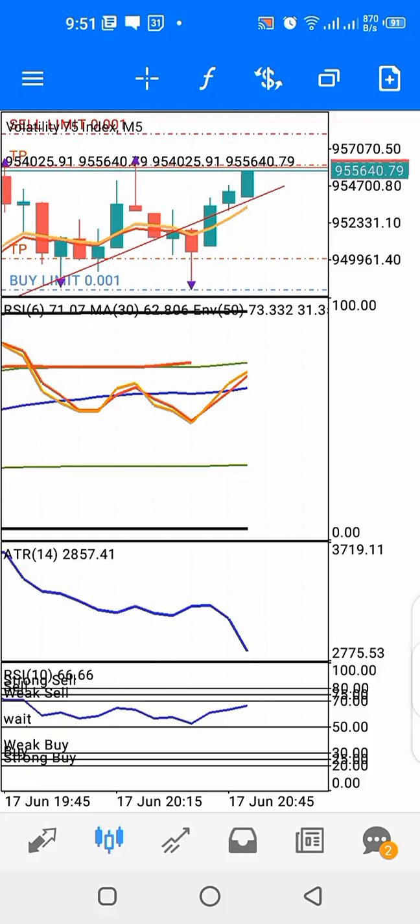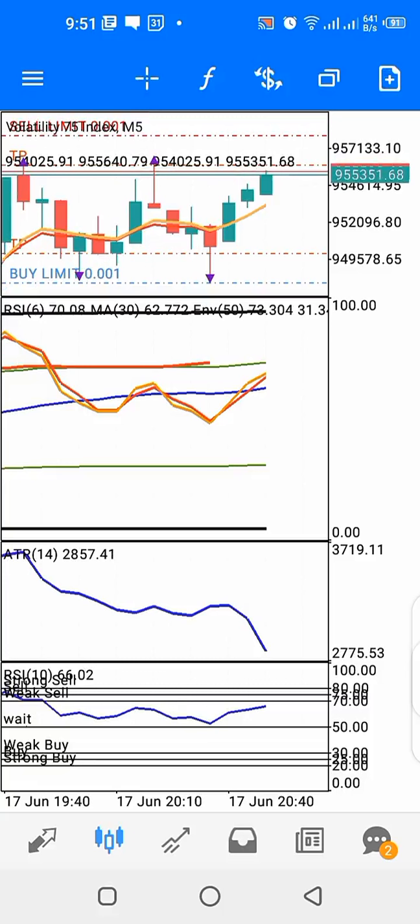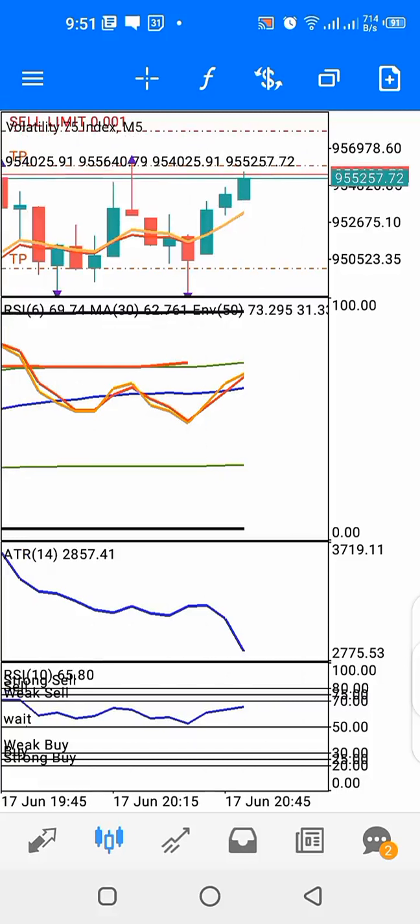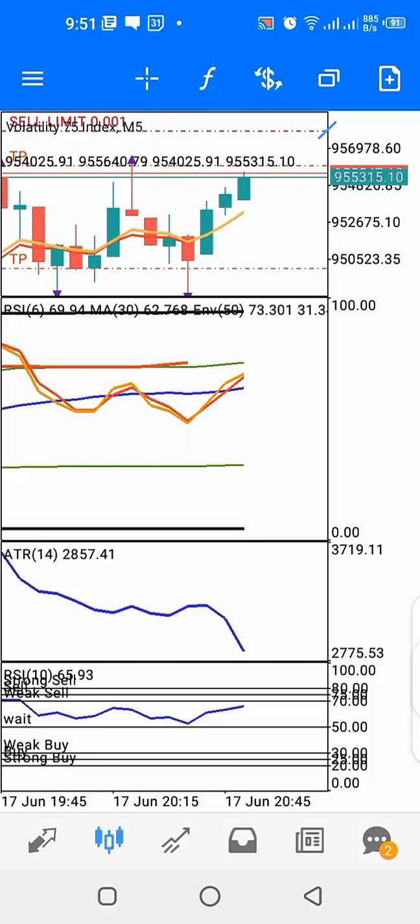You do the same for a buy limit: you place it below price, expecting price to fall towards it, trigger it, and then rise. At a point of resistance you place your sell limit, and at a point of support you place your buy limit.